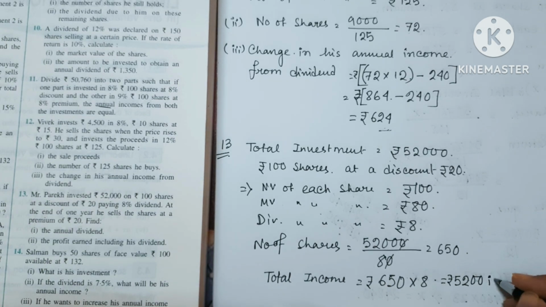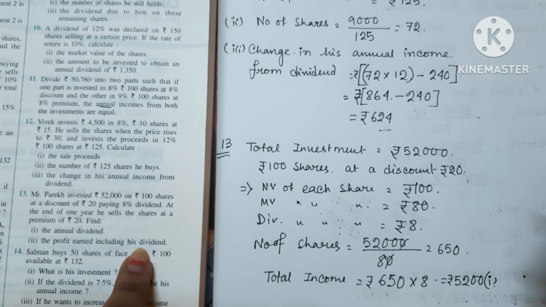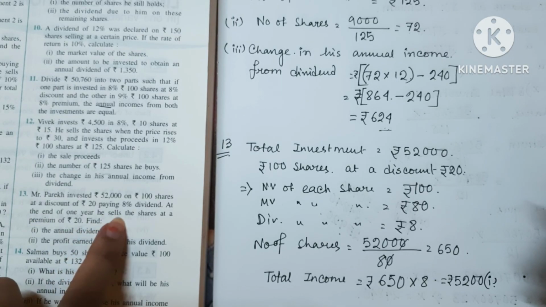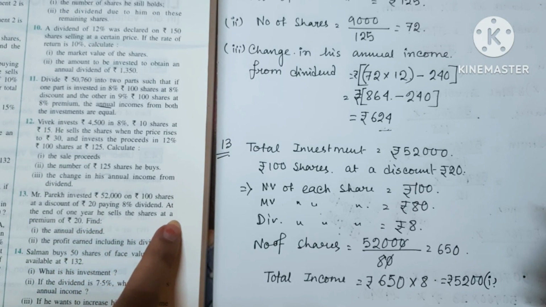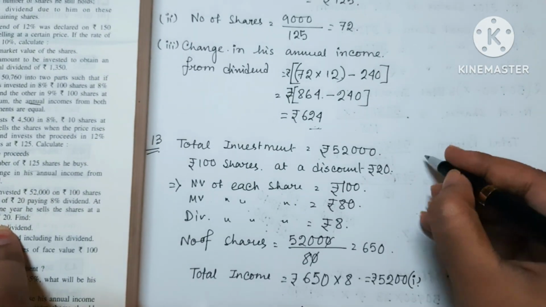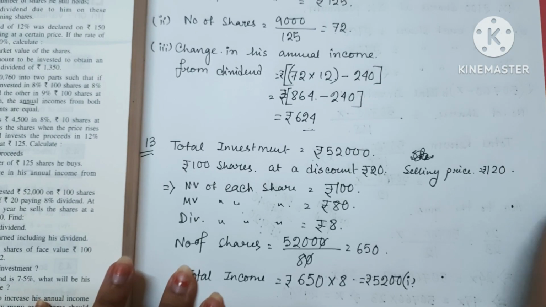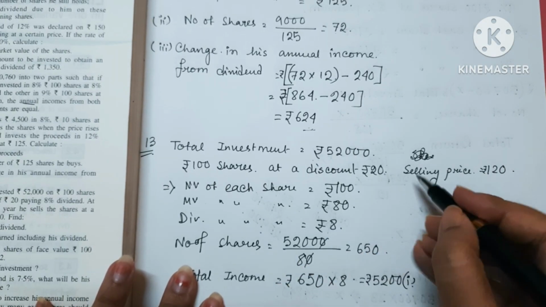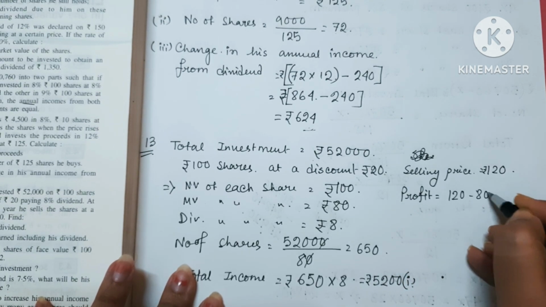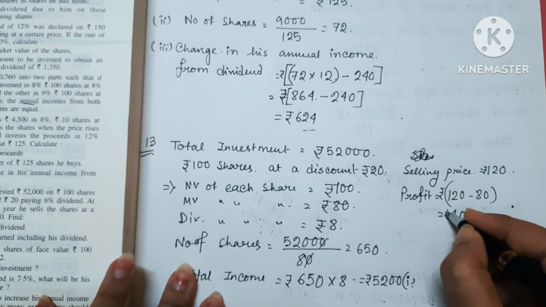Okay. This is annual dividend, and the profit earned including his dividend. Profit earned, see, that person sold his shares at a premium of rupees 20, that means selling price of shares is 120 rupees, and he bought at 80 rupees, that means profit equal to 120 minus 80, that means 40 rupees in case of each share.